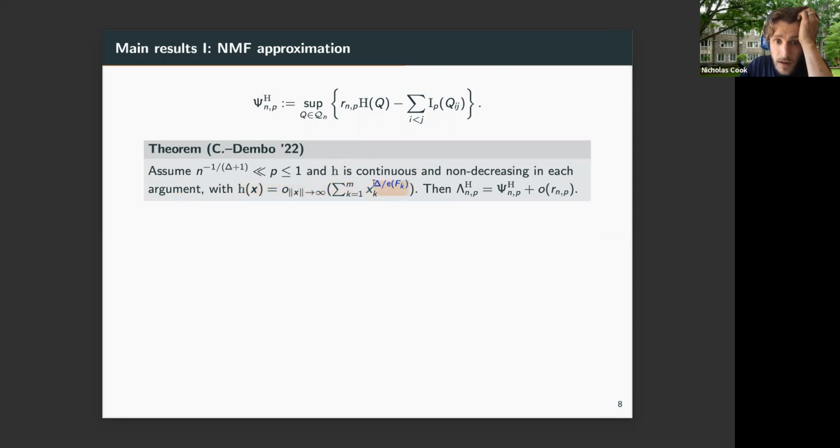You really need that, so if we were just taking these and raising them to a fractional power, for instance, that fractional power needs to be smaller than the degree, or in our case, the max degree, divided by the number of edges. So as long as your Hamiltonian satisfies this growth condition, then the naive mean field approximation holds.